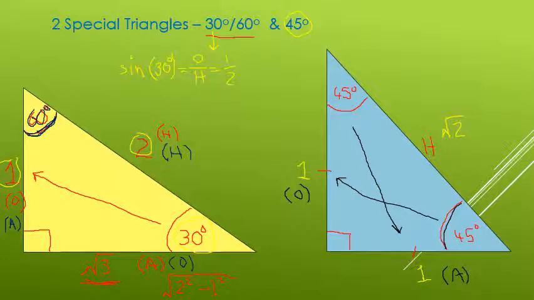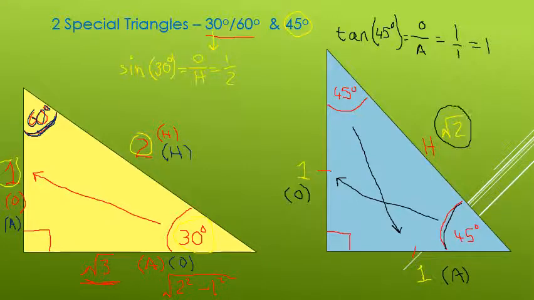So we've got the opposite over adjacent is equal to 1 over 1, which we know is equal to 1, and therefore the simple fact that we should remember is the tan of 45 degrees is equal to 1, and by using Pythagoras we can work out the third side.